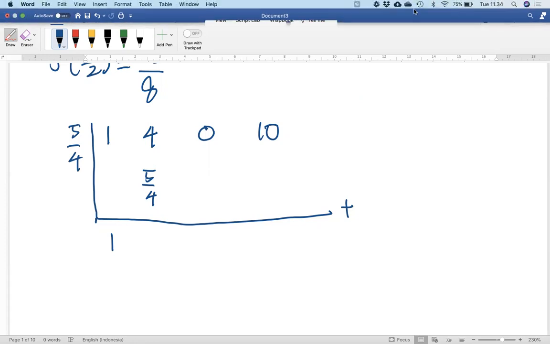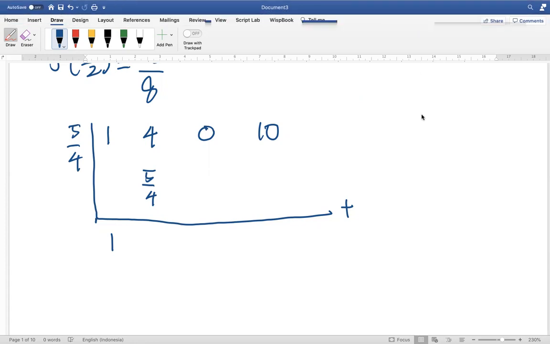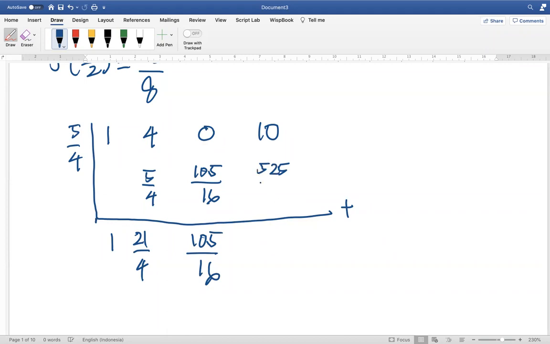Yes, you can use the microphone. 21/4. Okay, you do the same. It is 105/16. And then you can calculate in here the same, and then you have 525 over 64.